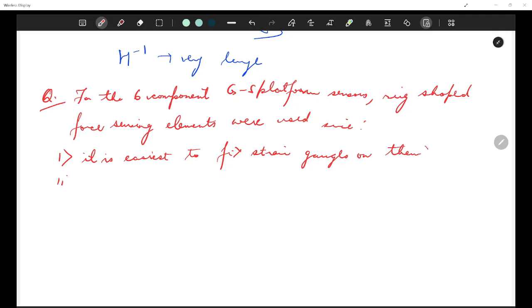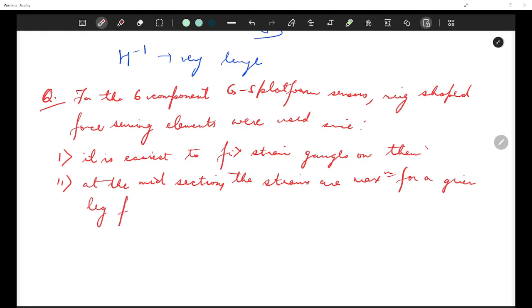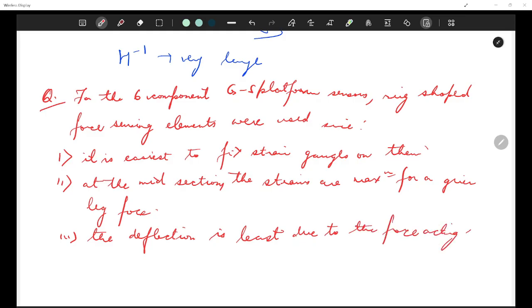At the midsection, the strains are maximum for a given leg force. The deflection is least due to the force acting in the legs.